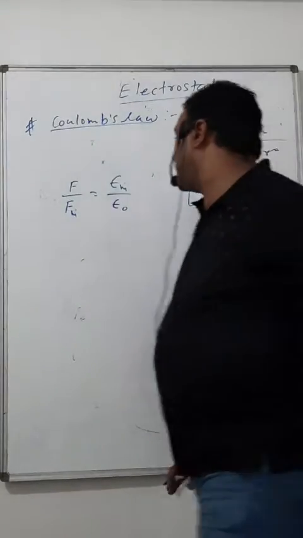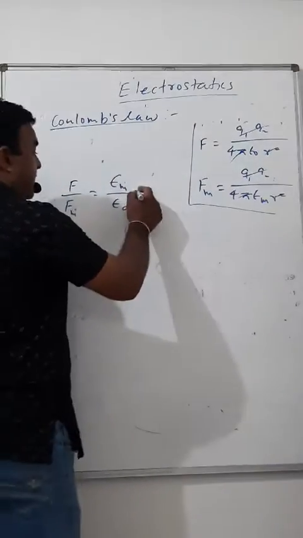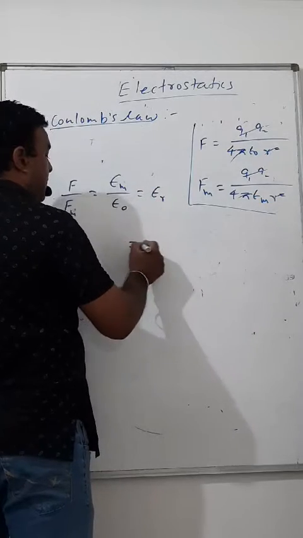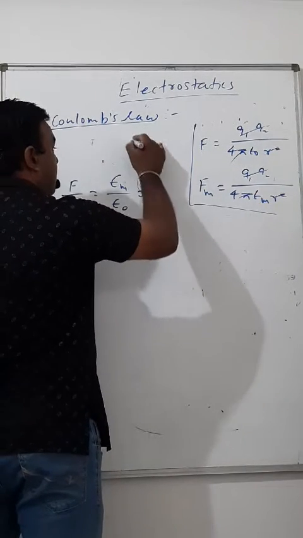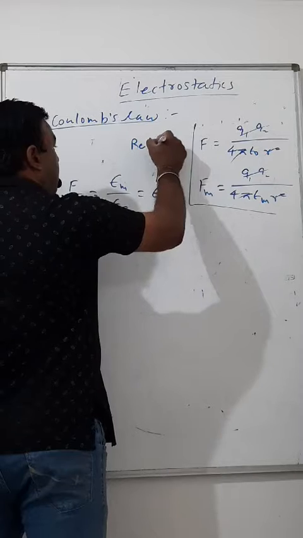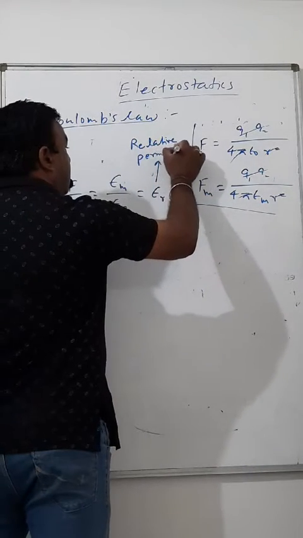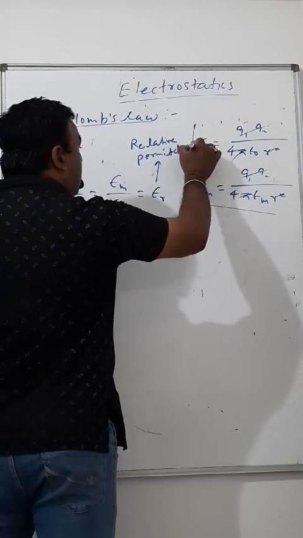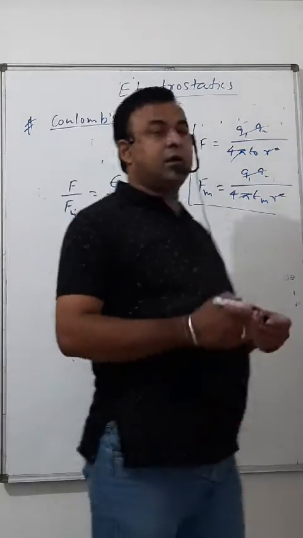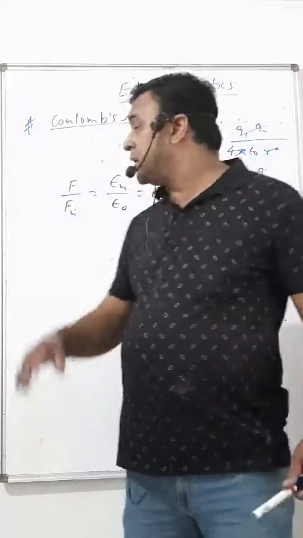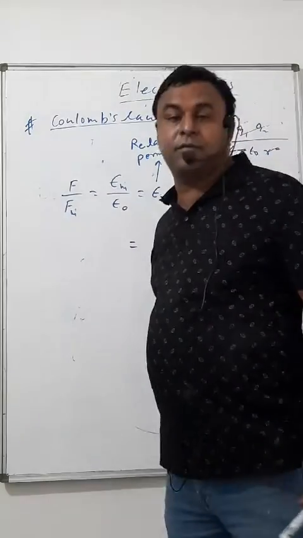Epsilon m by epsilon naught is defined further as epsilon r, say relative permittivity. I hope you remember, as you calculated relative densities, density of substance upon density of water.